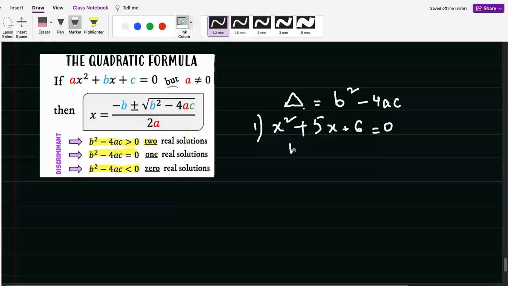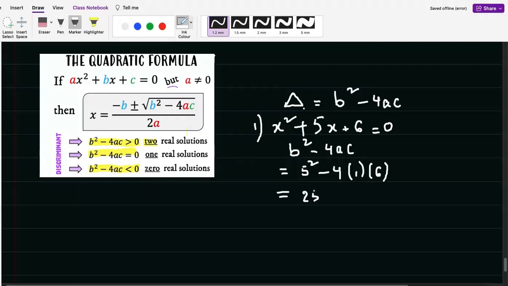So if you are doing b square minus 4ac to find the discriminant, you will get 5 square minus 4ac, 25 minus 24 equals 1, which is greater than 0. So we will have two distinct roots for this, x square plus 5x plus 6 equal to 0.